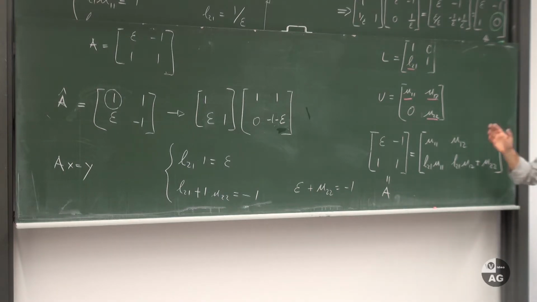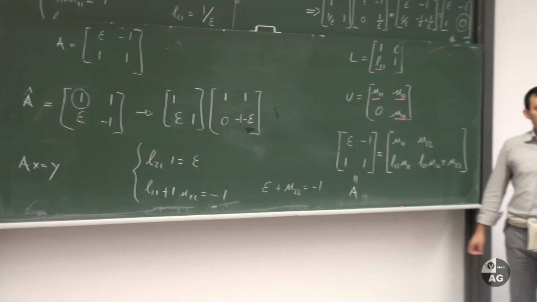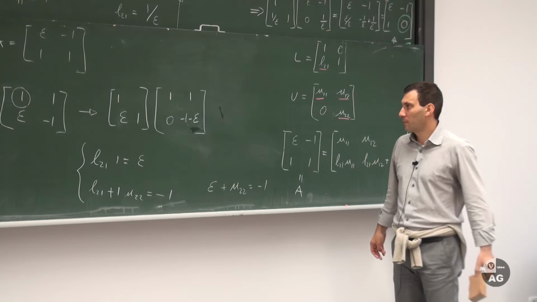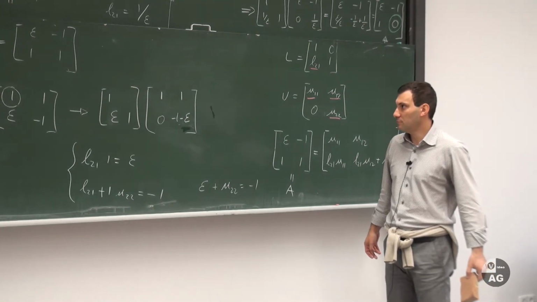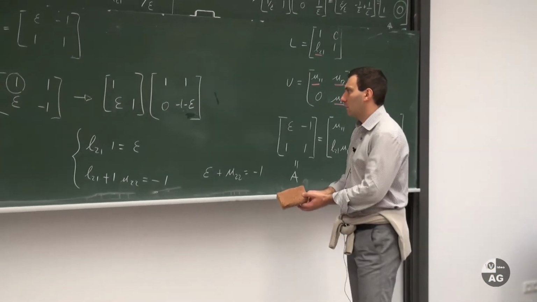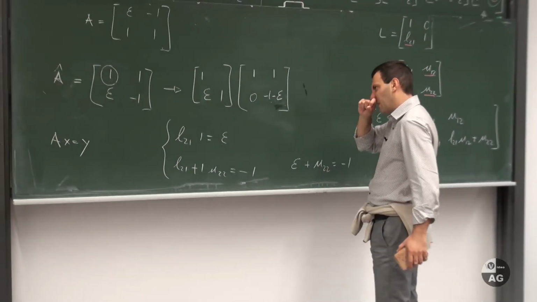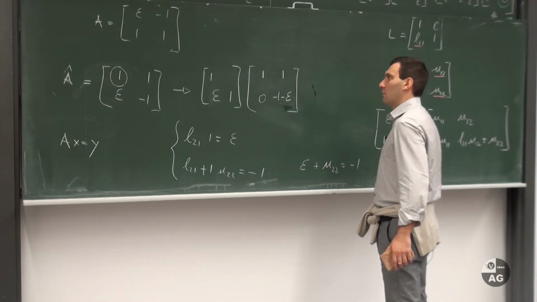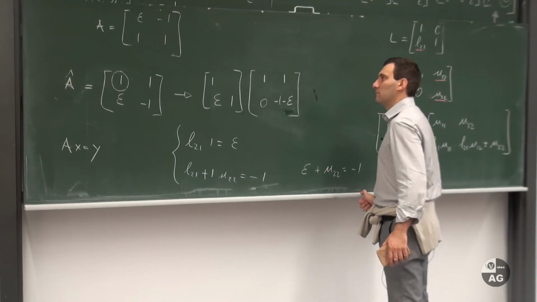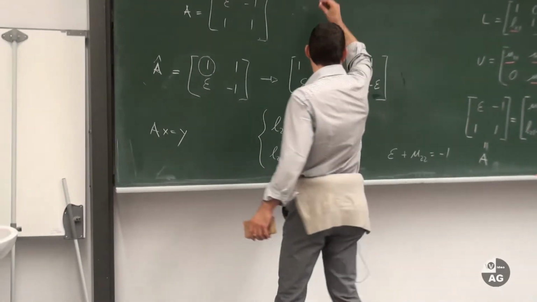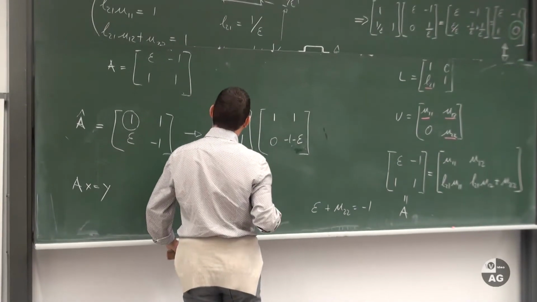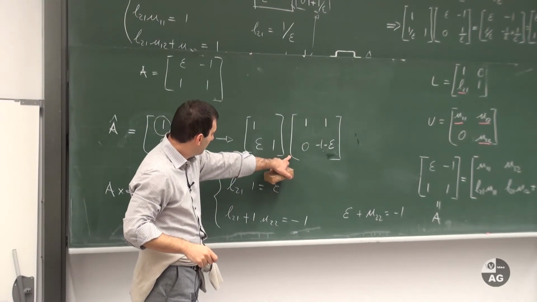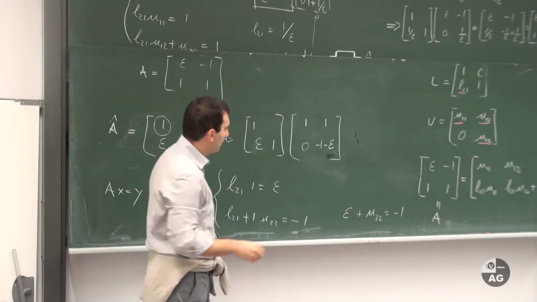Connected to this, do you guys have questions? Yes. What if epsilon becomes very large? Do we have the same problem as before? Okay, so if epsilon becomes very large, and the minus 1 doesn't matter anymore, let's see.